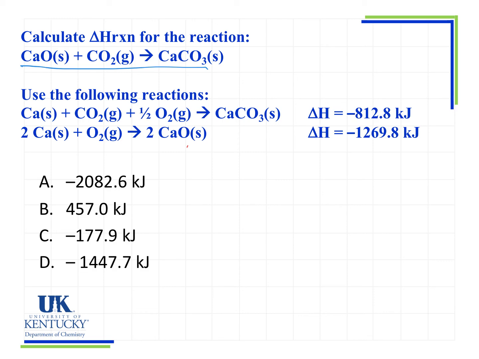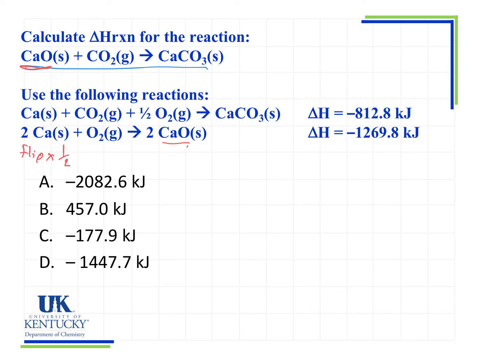Okay, so the first compound, CaO, where do you find it? CaO, we have it in the second reaction, and it's in the product side. We need it in the reactant side, and we have 2 moles of that. We need 1, so you flip it, and also you have to multiply it by 1/2.